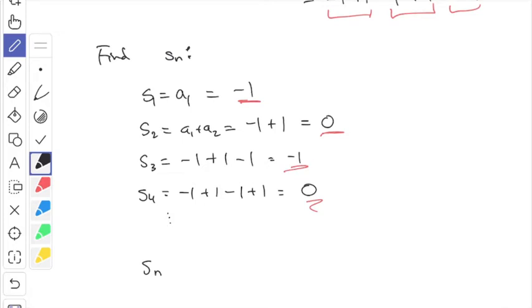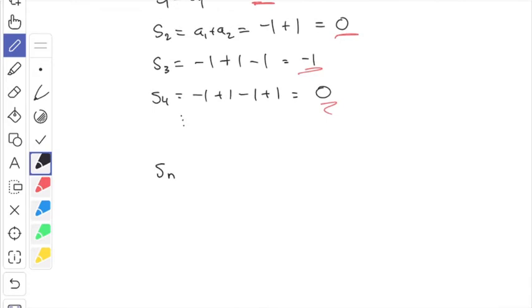I'm not 100% sure how you would express that in a formula. This one actually is not easy to express in a formula, but I would say it's just alternating between minus ones and zeros, right? So one thing I can say is the terms are negative 1, 0, negative 1, 0, negative 1, 0, right? These are the terms of Sn.